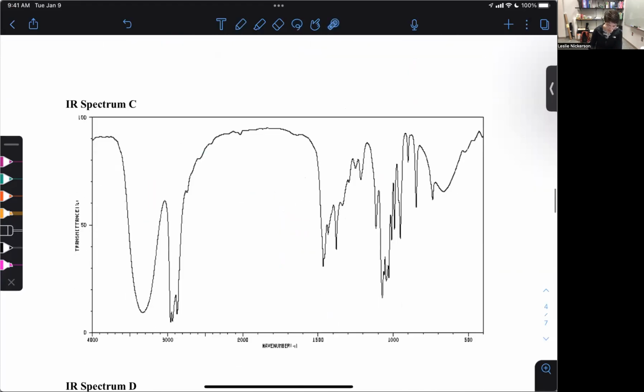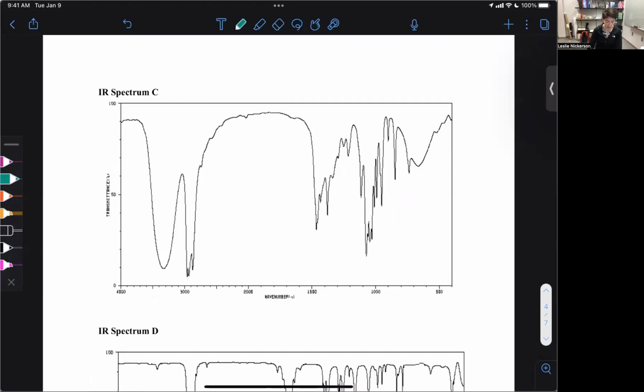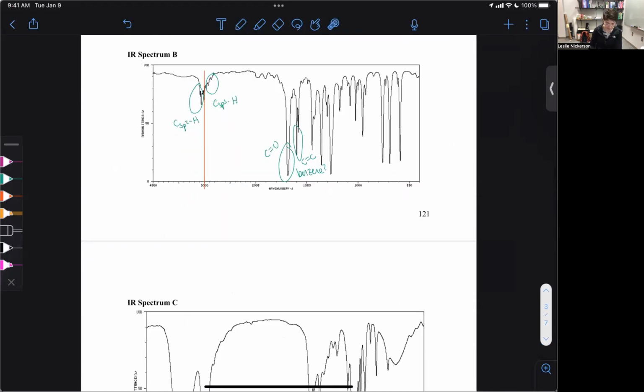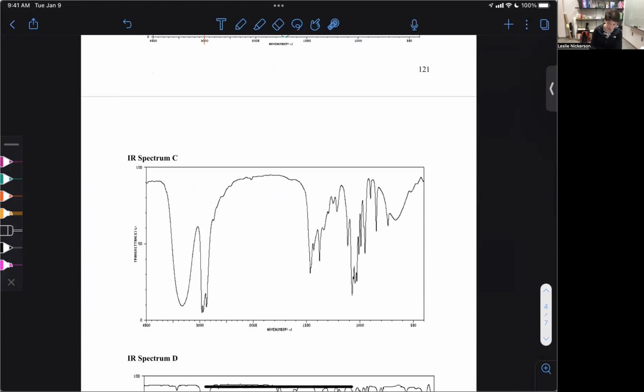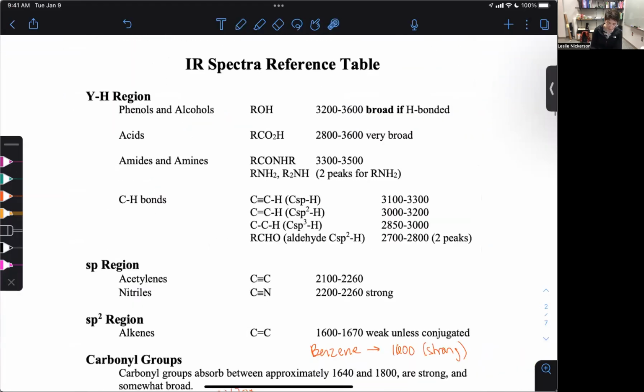All right, let's do one more here. This one looks a little bit different than A, right? If we think about what A looked like, the large broad peak was overlapping our sp3 carbons. This one is to the left of that. If we look at our table here, alcohols are going to be 32 to 36.